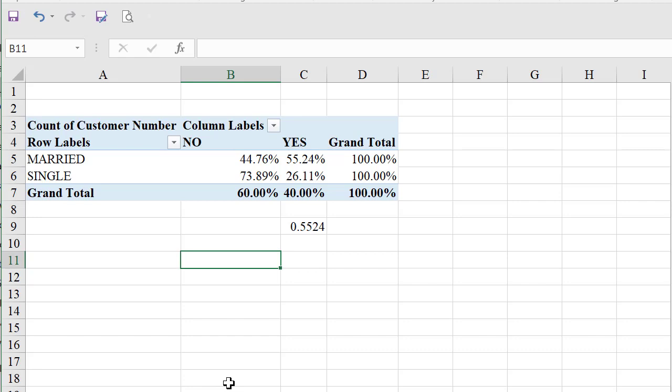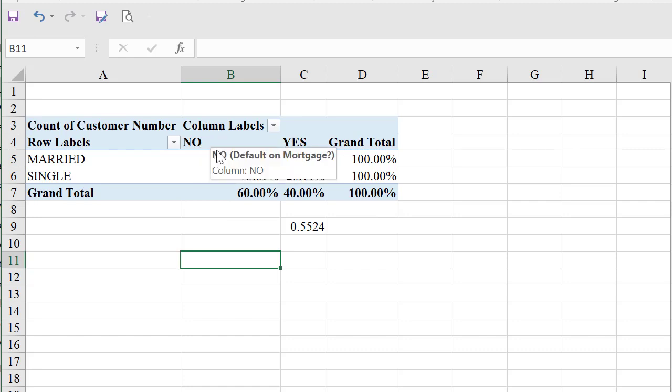Okay, so work your way through that, see if you can answer some questions or think about it. What does this value here, 26.11, mean? The probability of defaulting if you're single is 26.11%. The probability of not defaulting, given that you're married, is this amount.